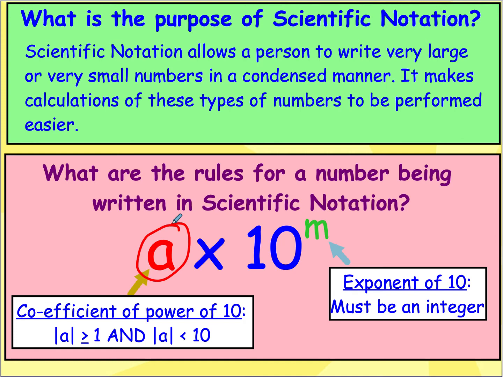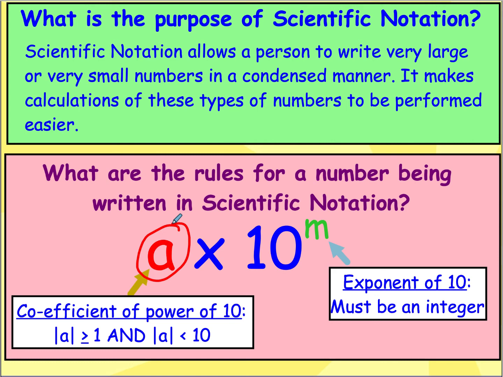And then we have a limit. It can't be a 2-digit number. It has to be a 1-digit number before the decimal. I can have as many decimal places as I want, but it has to be less than 10. So 9.9999999 is going to be the highest for a positive number. For a negative number, the lowest it can go is -9.999, repeating forever.